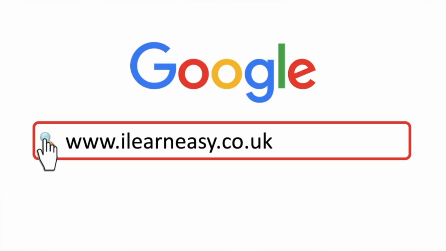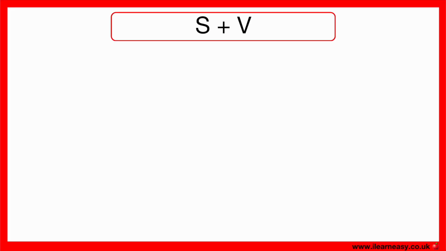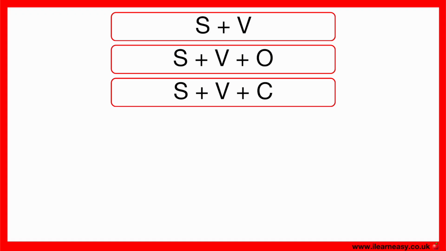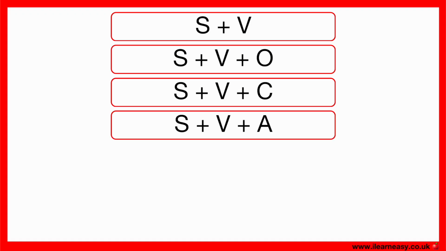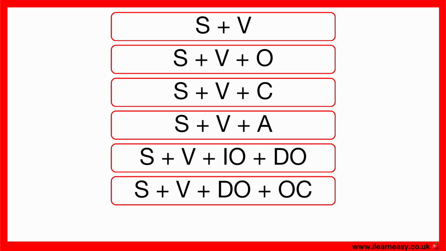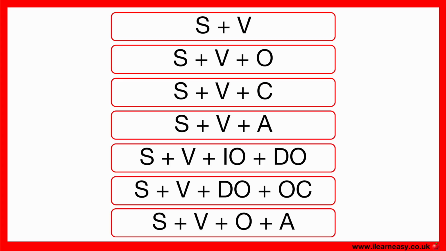There are 7 basic sentence patterns: subject-verb, subject-verb-object, subject-verb-complement, subject-verb-adverbial, subject-verb-indirect object-direct object, subject-verb-direct object-object complement, subject-verb-object-adverbial.